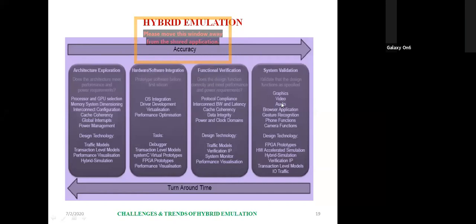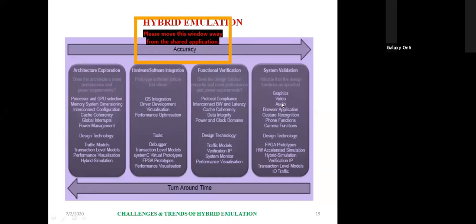Suppose you have an asynchronous clock domain, you have to fix it inside the entire SoC. You have to meet metastability and setup hold violations. You have to analyze and fix the CDC issues. And the technology, the traffic models, verification IP, system monitor, performance visualization.